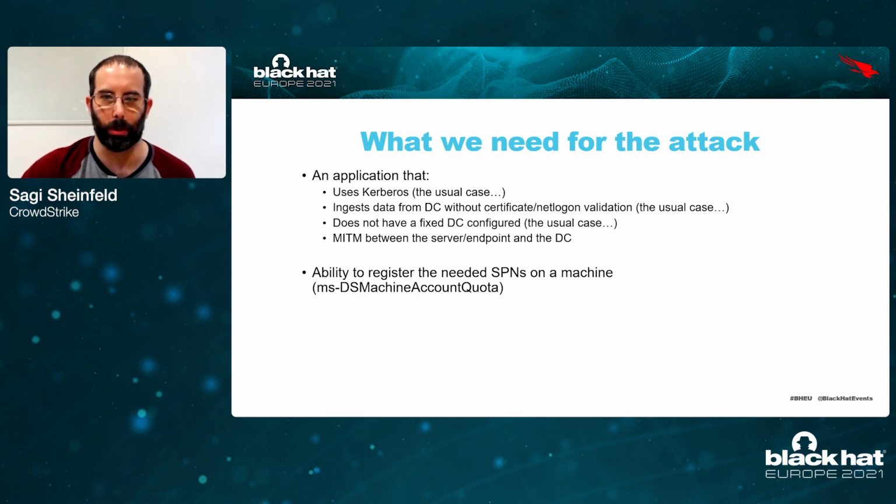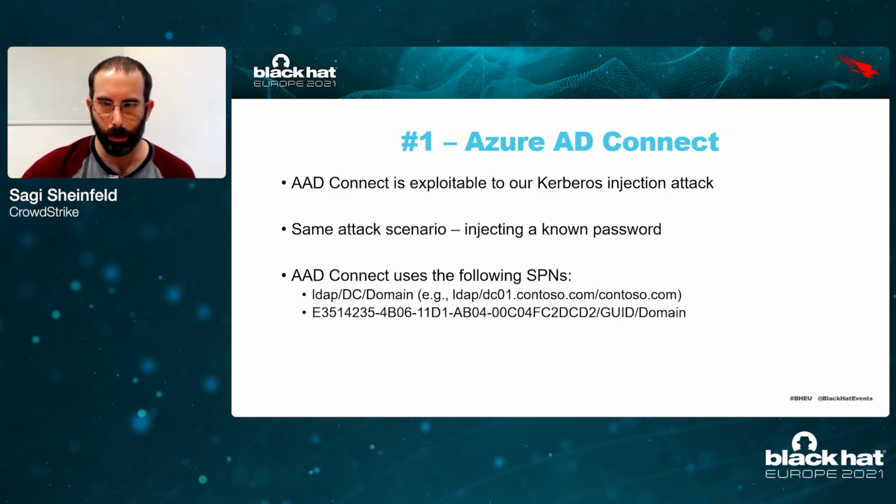Let's see some real-world examples of this attack. The first one is Azure AD Connect. Yes, Azure AD Connect again. It's basically the same scenario as Eyal has already described, but this time we will inject the DC using Kerberos instead of NTLM.